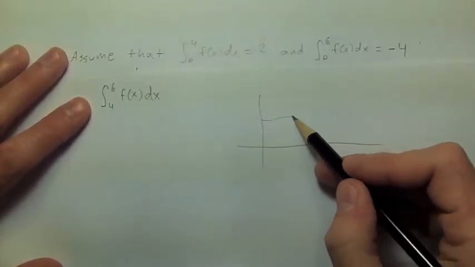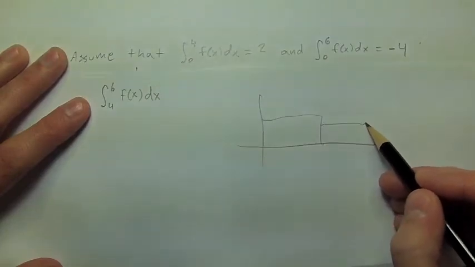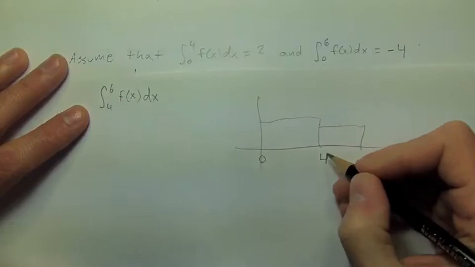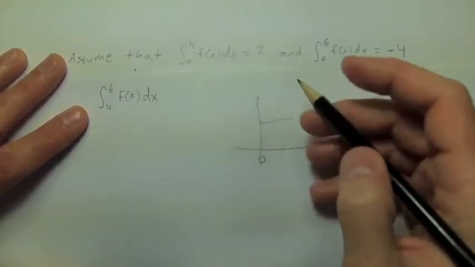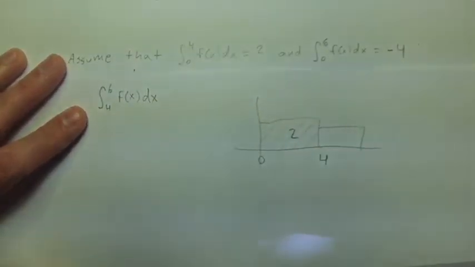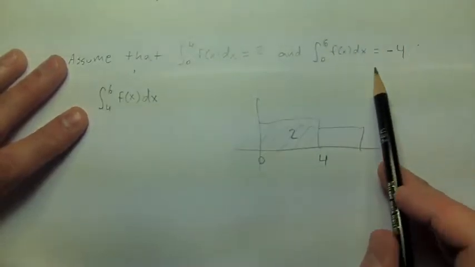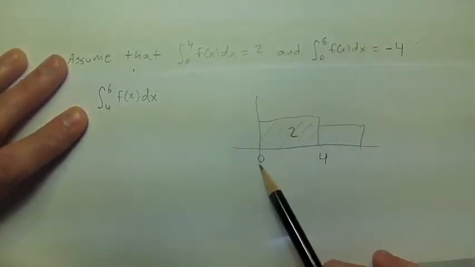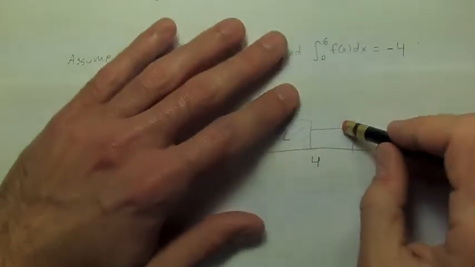I'm going to just draw it with some boxes here. I've got the integral from 0 to 4, which I know from here is 2. And then I also know that the integral from 0 to 6, so the whole integral, is negative 4.